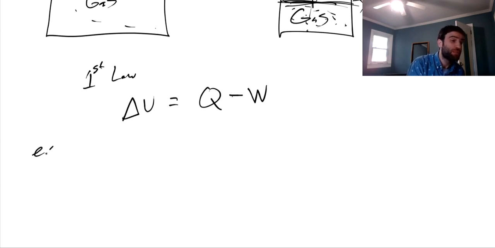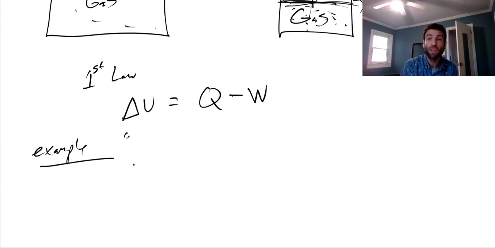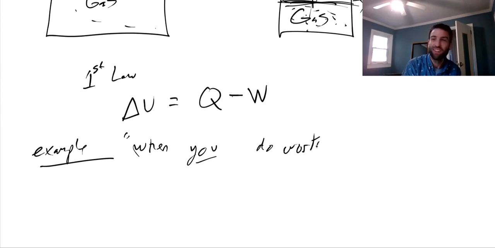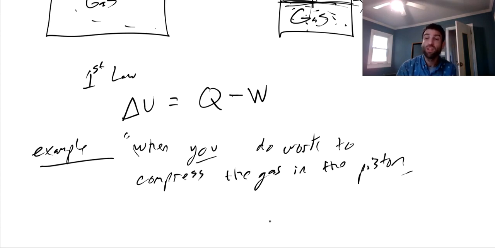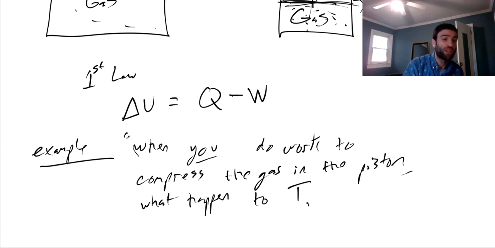So as an example, suppose I ask, when you do work to compress the gas in the piston, does the temperature of the gas go up? Does it go down? Does it stay the same? What happens to the temperature of the gas?